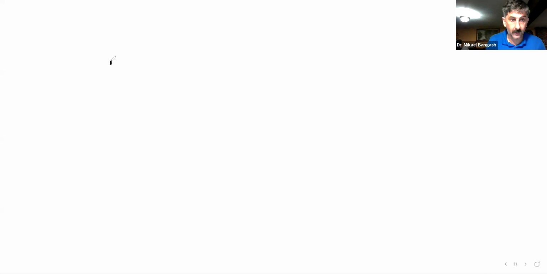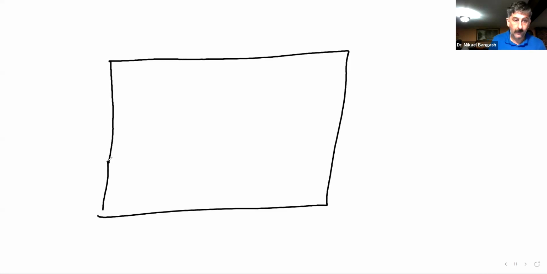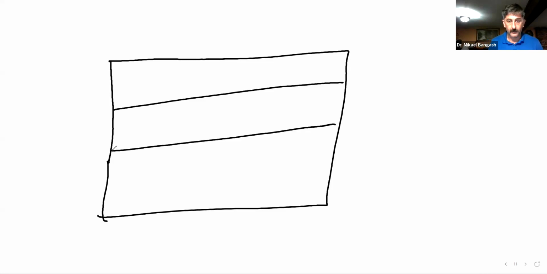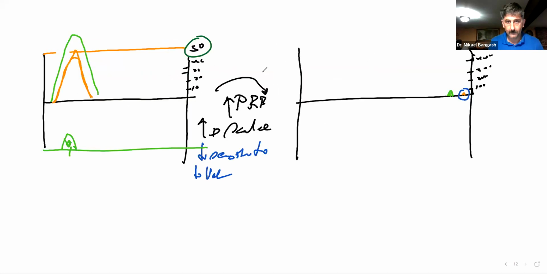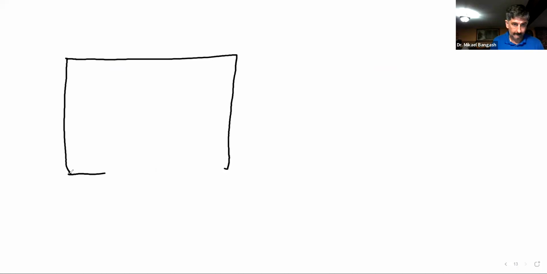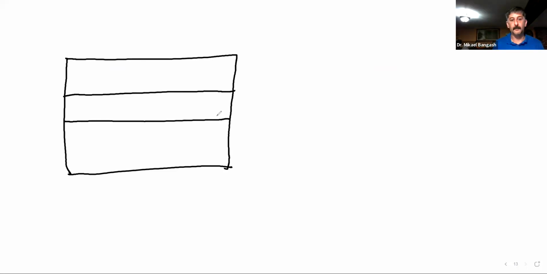But usually, let's say you have a color Doppler image. No, it's going to be too big, sorry. Because we can say we have an image here.